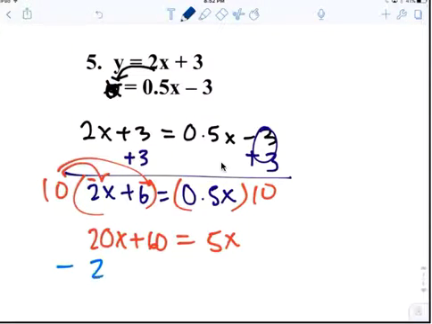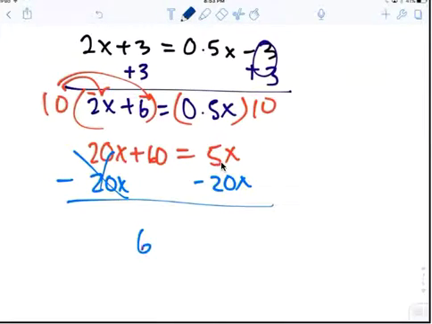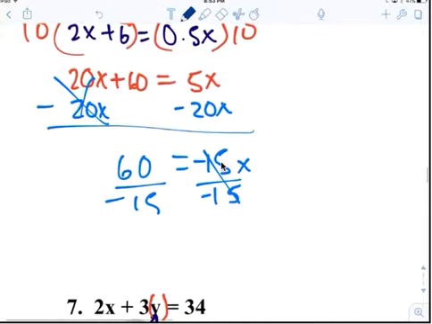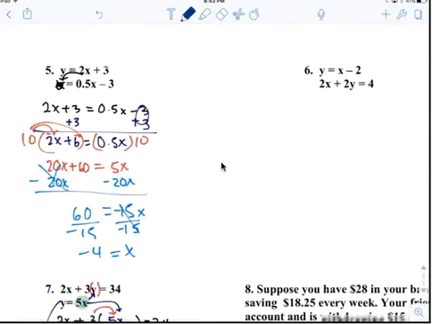Minus 20x, minus 20x. 60 equals negative 15x. Divide by negative 15, divide by negative 15. X then is equal to negative 4. Okay, so x is negative 4.